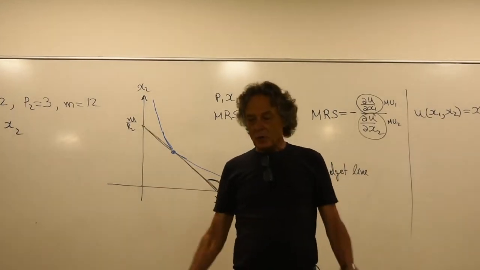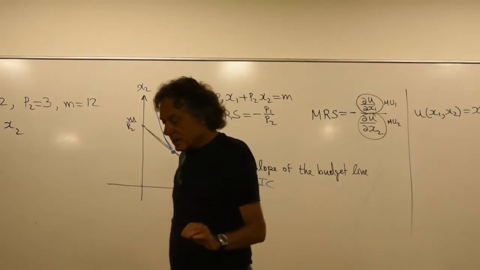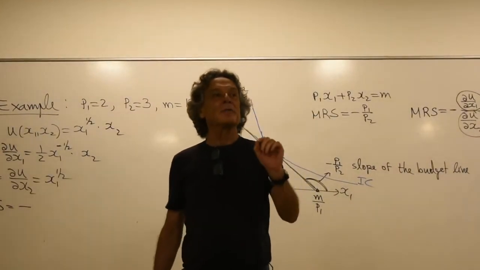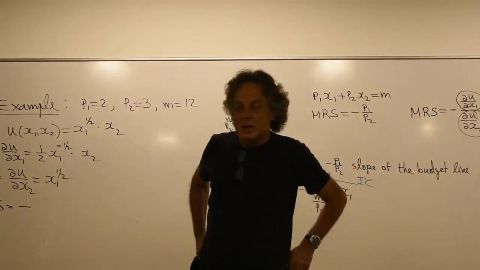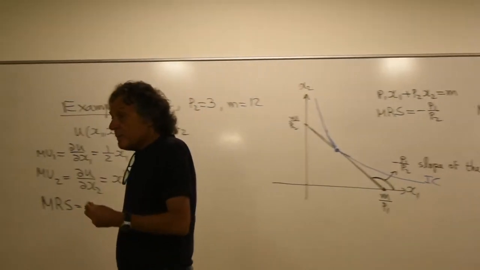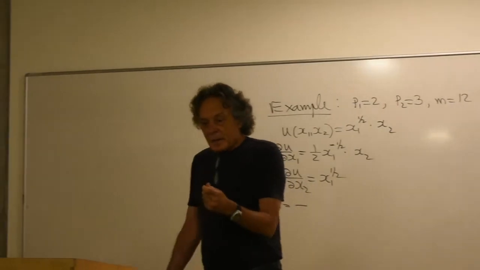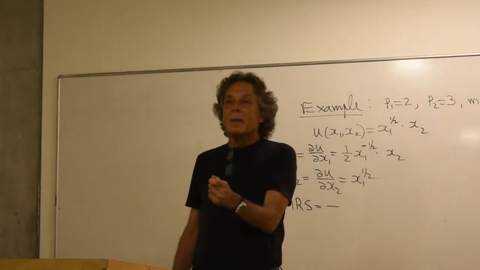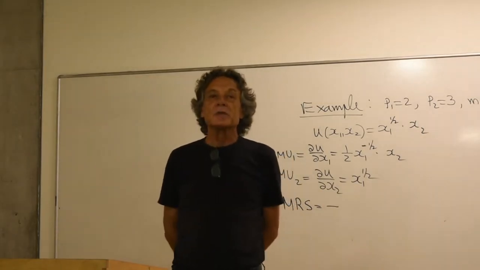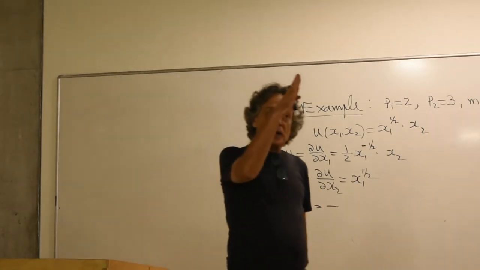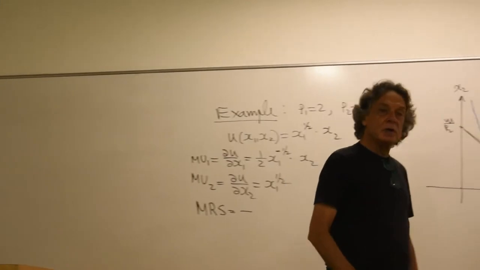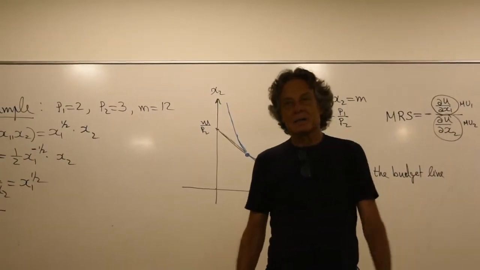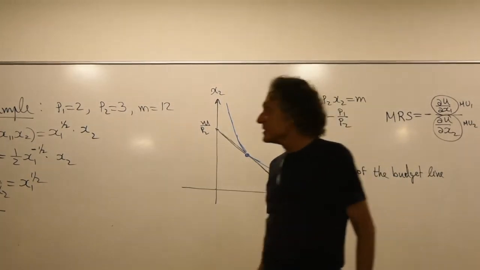Let's say I'm talking about a bundle which gives me a utility of 5 units, u equals 5. My question is, if I increase x1 by a small unit, by how many small units do I have to decrease x2, so that the new bundle also has u equals 5? That is the MRS, and it depends on the specific bundle.